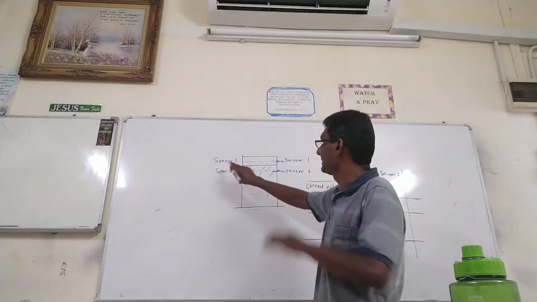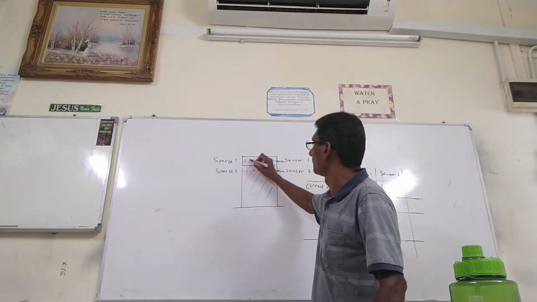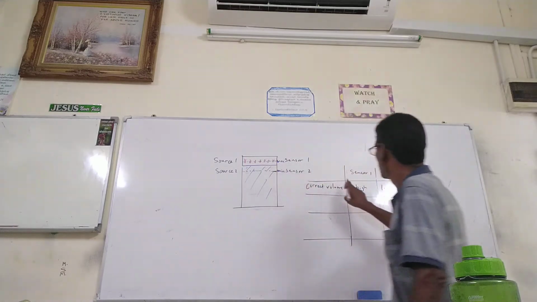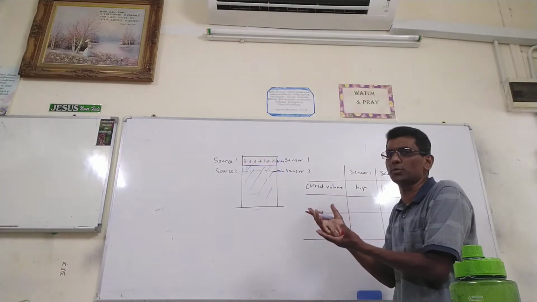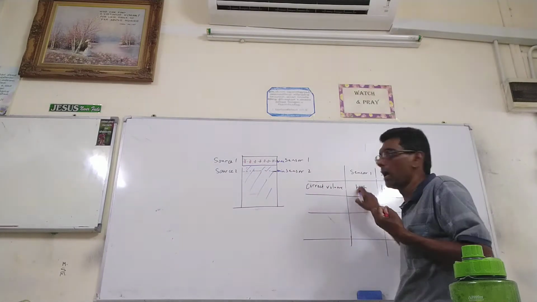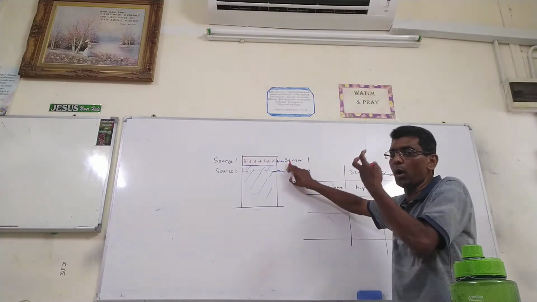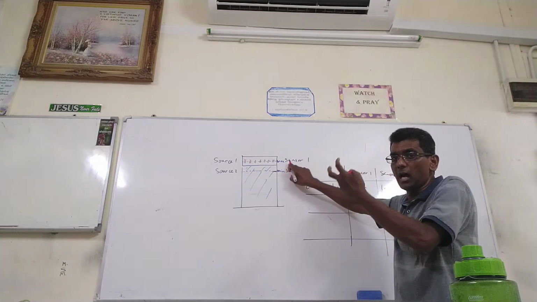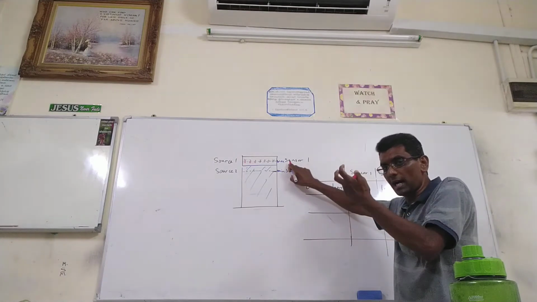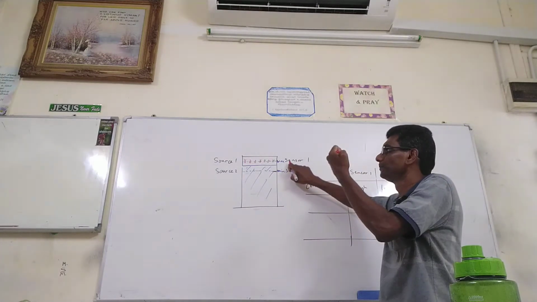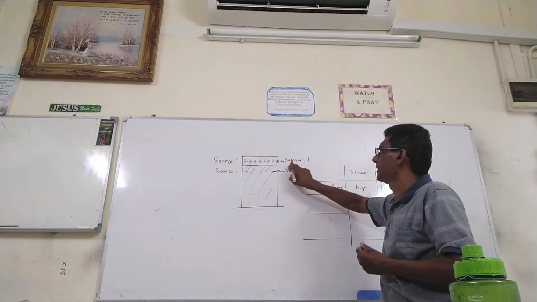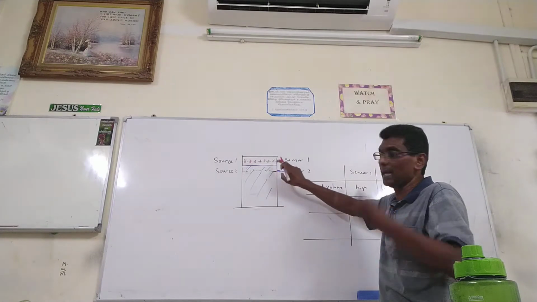Source 1 sends gamma through the empty space, so there is no absorption. Because of that, sensor 1 receives a high input, high reception of the gamma ray, because of less absorption.